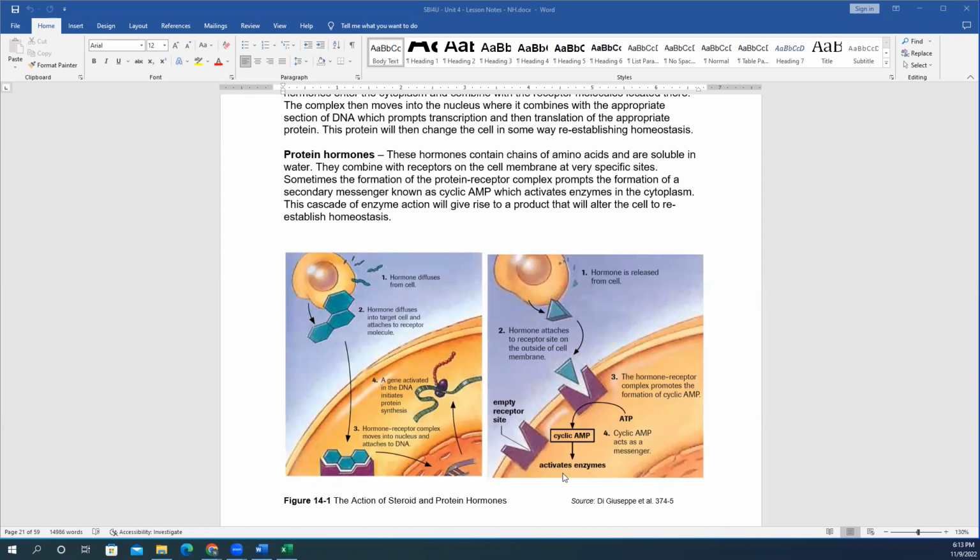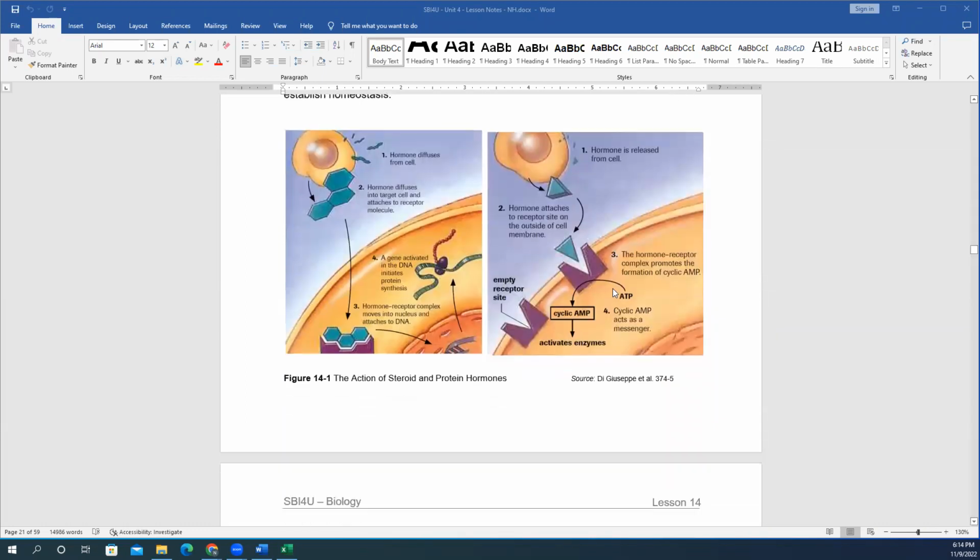And this cascade of enzyme action, from the binding of the hormone to the cell receptor to the activation of cyclic AMP and activation of the other enzymes, will give rise to further products that will bring about the change in the cell to reestablish homeostasis. So these are two examples of two different types of hormones, steroid hormones and protein hormones.